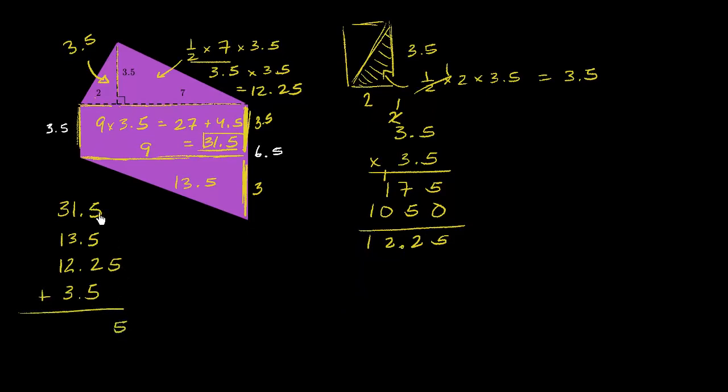That's the only one. 5 plus 5 is 10 plus 7 is 17. 1 plus 1 is 2 plus 3 is 5 plus 2 is 7 plus 3 is 10. 1 plus 3 is 4, plus 1 is 5, plus 1 is 6. So we get a total area for this figure of 60.75 square units.